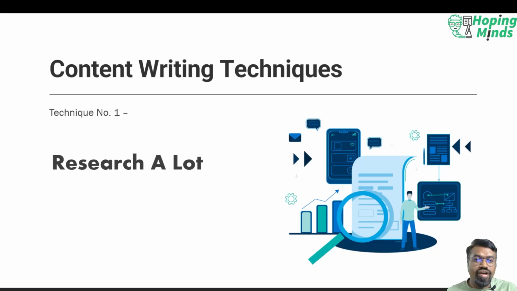If you are doing proper research about the topic that people are looking for, then when we write about a particular topic that caters to the user's requirement, you crack the content writing technique, right?